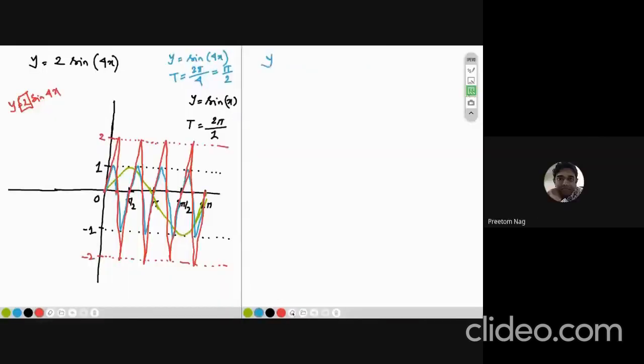So y equals to, sorry, it was 2 cos pi x, 2 cos pi x, right? Okay, so 2 cos pi x means here a is 2 and t is 2 pi by pi, which is 2.